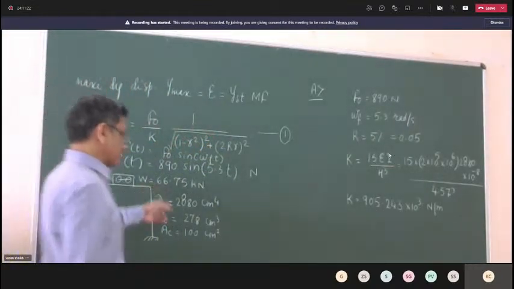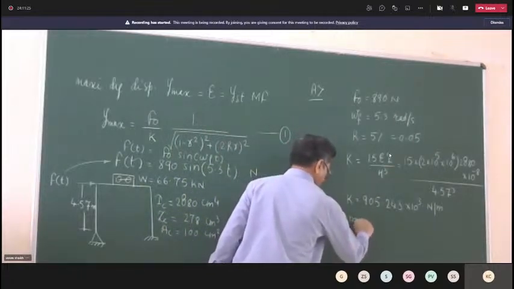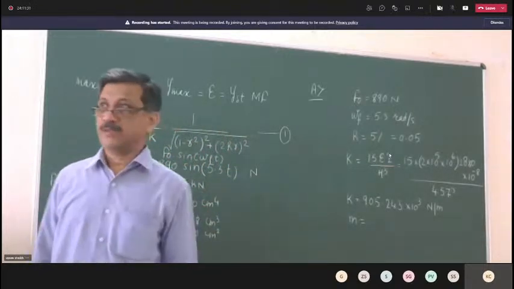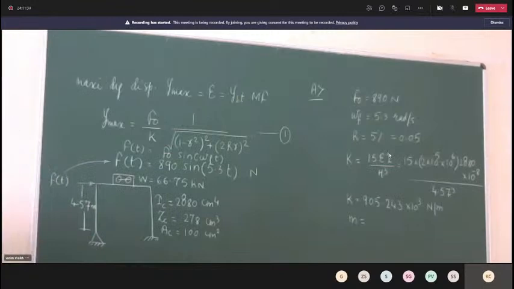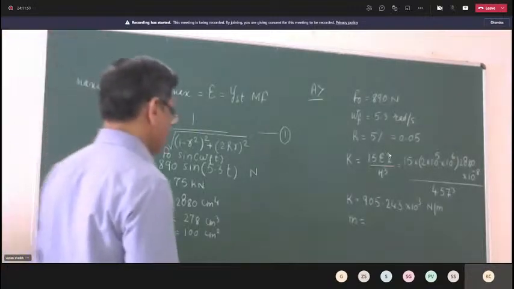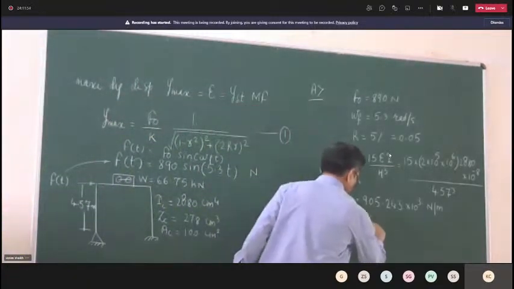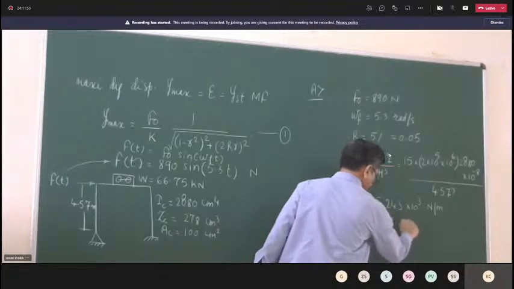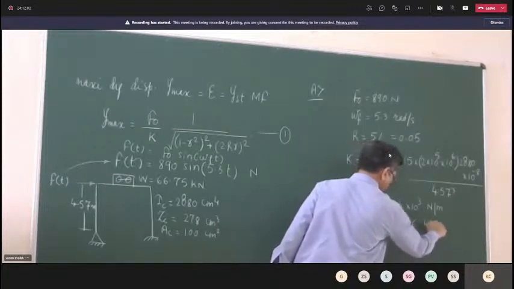To find omega, I need mass. That is equal to W upon g. Convert weight to Newton first, and then tell me the mass. Mass is 6807.056 kg.